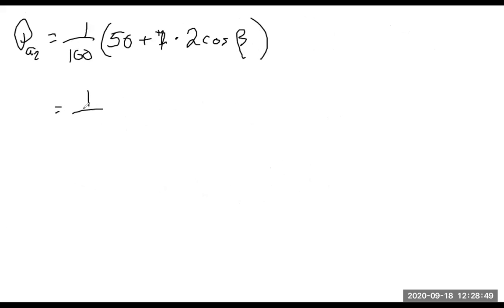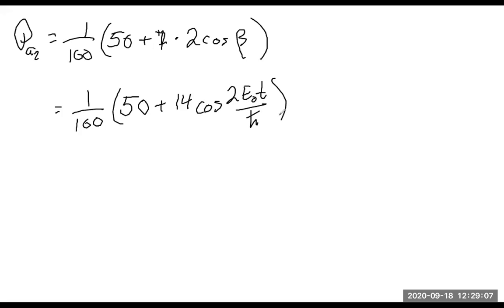So this becomes 1 over 100, 50 plus 14 cosine beta, where beta, remember, is 2 E naught t over h bar.